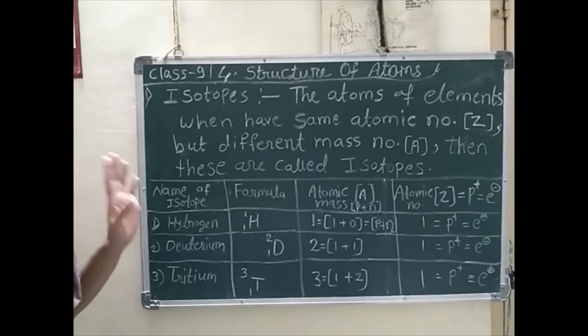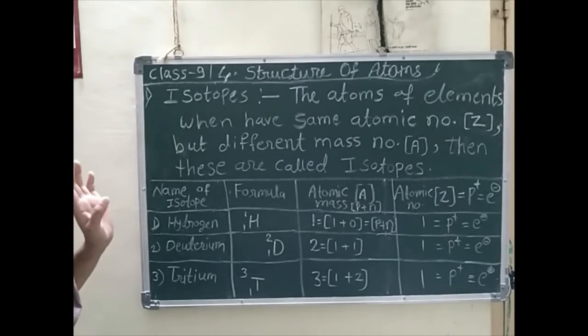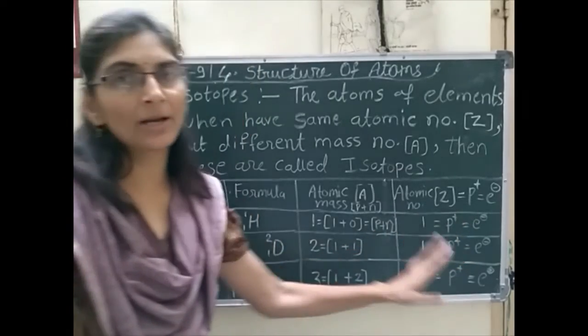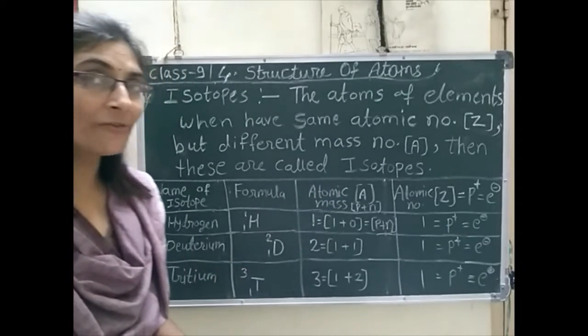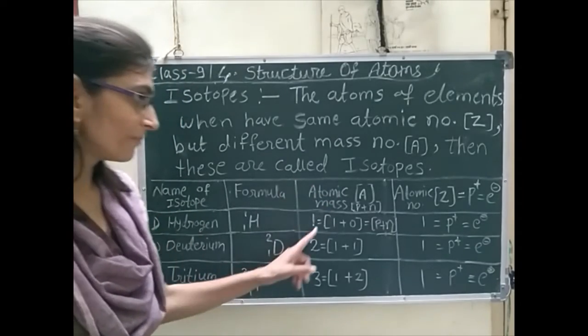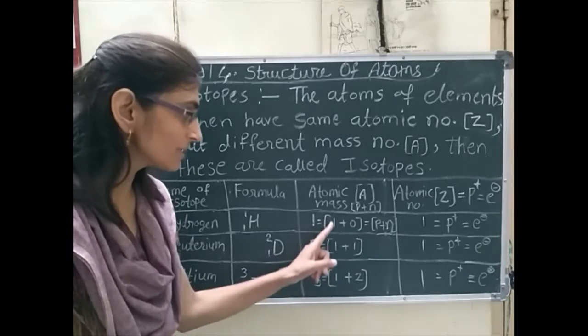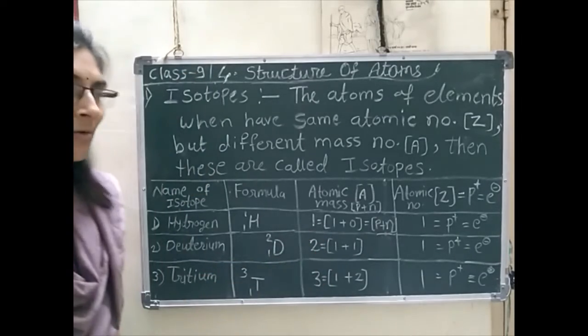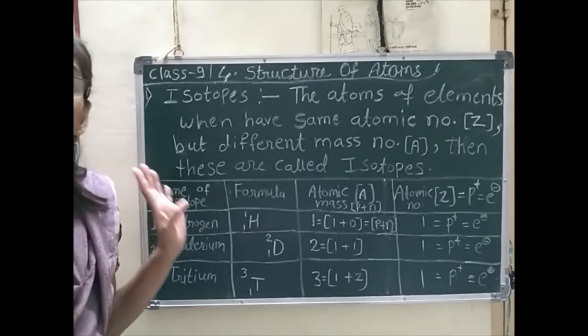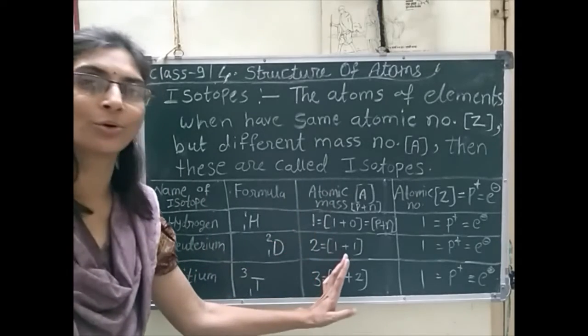So what difference can we see here? The number of protons and electrons are the same, but the atomic mass is different. So where is the difference? The number of protons is the same everywhere. Here is 1, here is 1, here is 1. So what is the difference between these isotopes?